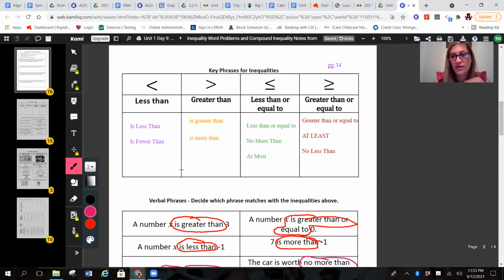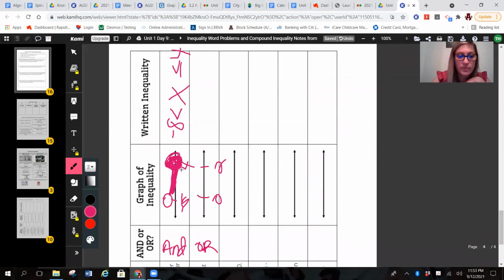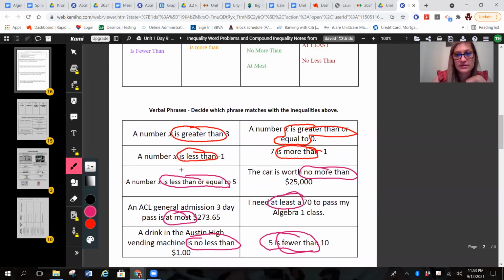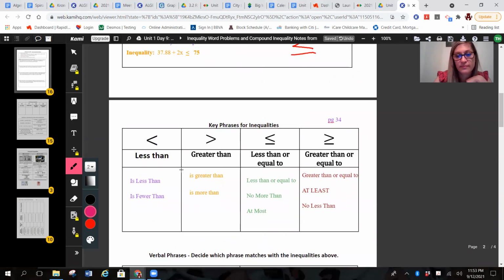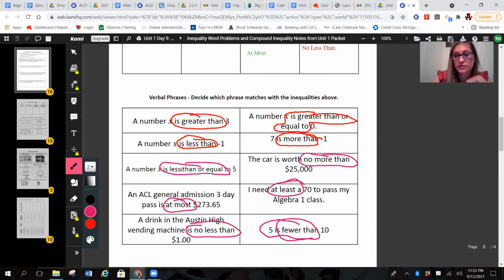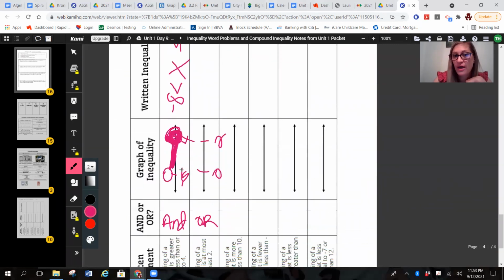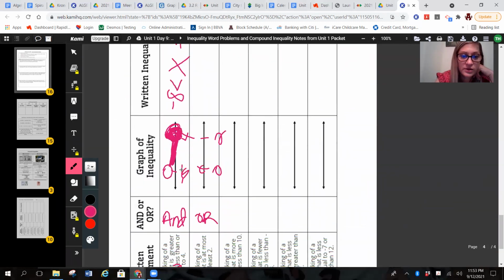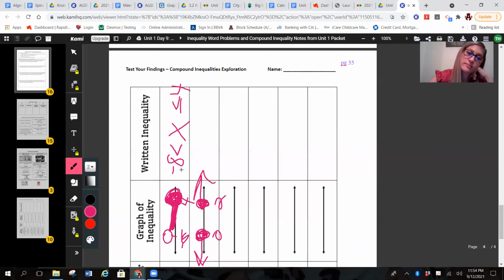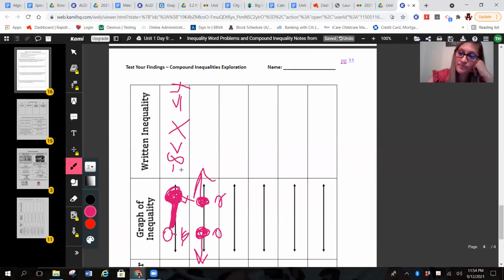And the other key word was at least. So greater than or equal to. So they both have equal to. So it could be 0 or less, but it also could be 2 or more. And remember, ors go opposite ways. And we also write the statement in two parts.